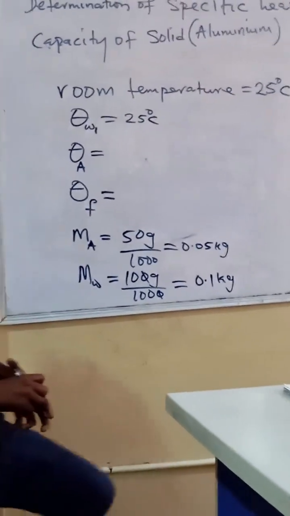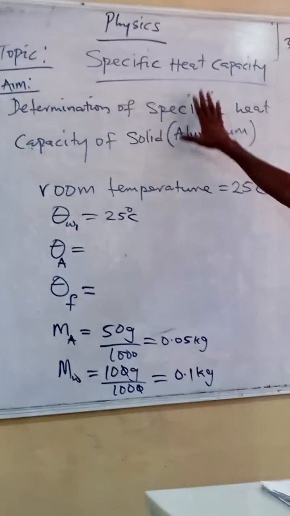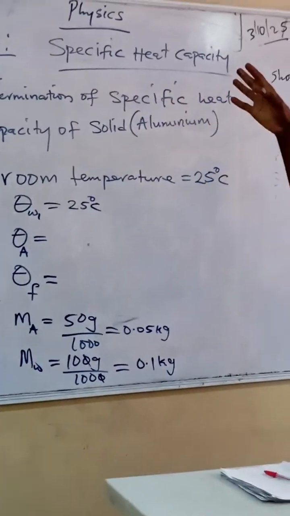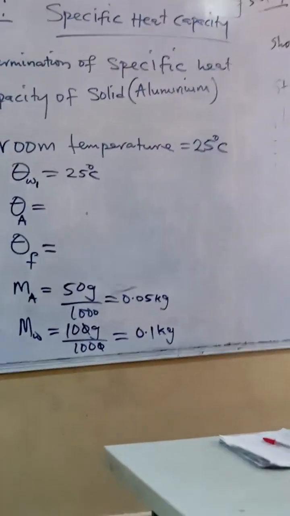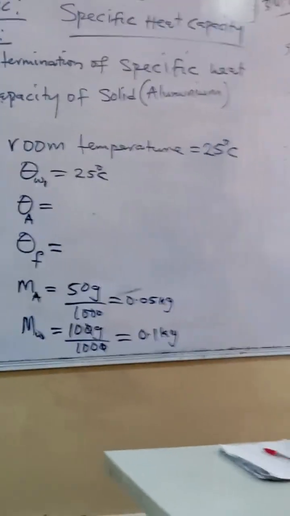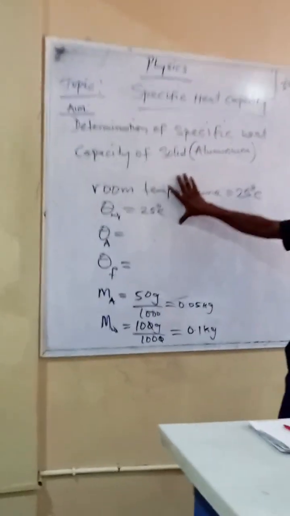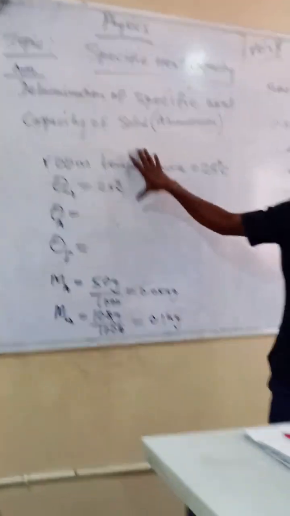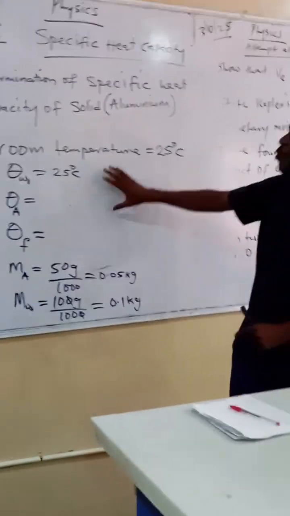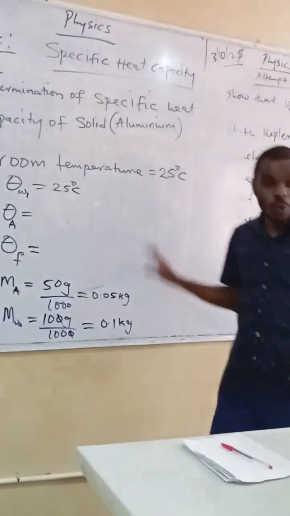Are you following? So now, the general formula for calculating the specific heat capacity, we always carry out one assumption that is very important. That heat lost, okay, by the metal must be equal to heat gained by the water.